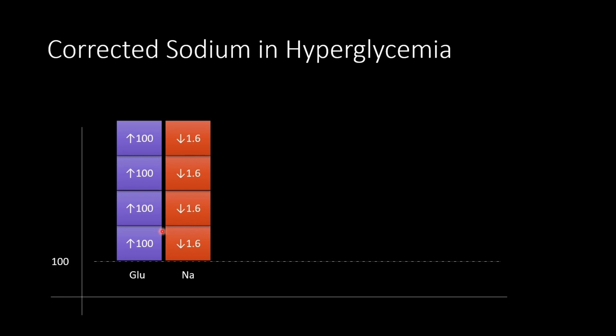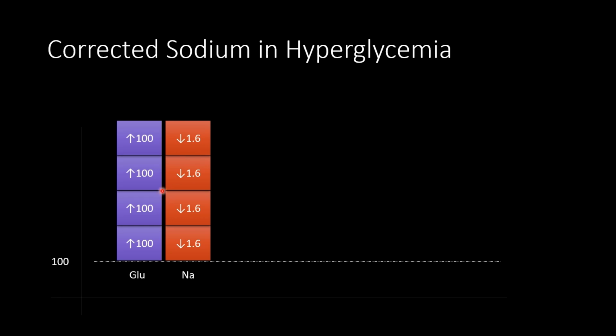At an RBS of 300 milligram per deciliter, the sodium will appear as if it is 1.6 less, that means 131.8 or something like that. It is not actually low, but it will appear low.